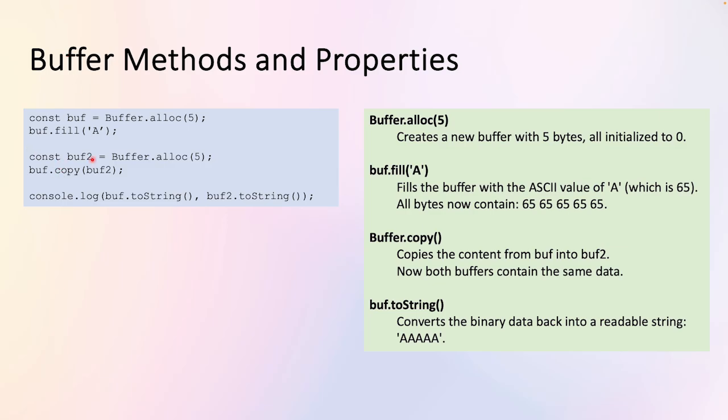Then I'm creating another buffer with byte length 5, and on top of buff I'm calling copy and passing buff2. So I'm copying the value of buff to buff2. If I print both, both will print A five times. This is how we can copy a value from one buffer to another buffer.